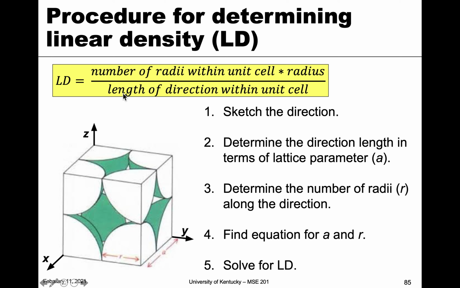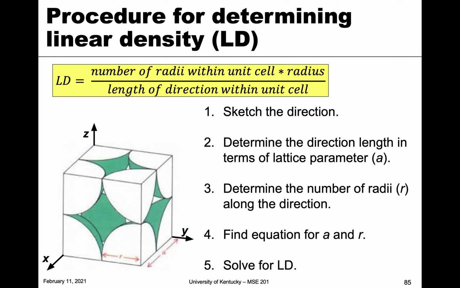And then that's going to be over the length of the direction within the unit cell. So again, it's a fraction of occupied length. We're constraining that to within the unit cell so that we have a comparable length of the direction, which is infinite, right? So we just define it within the unit cell. So number of radii within the unit cell times the radius over the length of the direction within the unit cell.